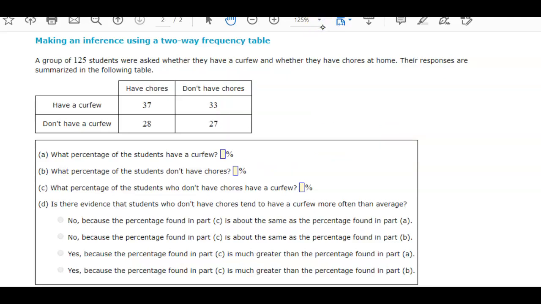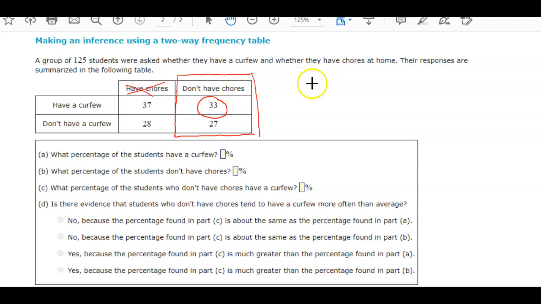So letter C says, what percentage of the students who don't have chores, so we can only look at this column here, what percentage of the students who don't have chores, we don't care about these guys over here, have a curfew. So these are the kids that have a curfew, okay, with chores.